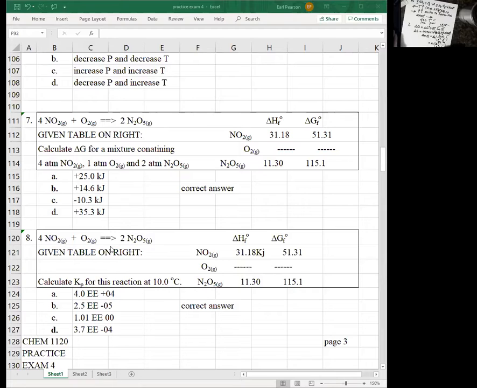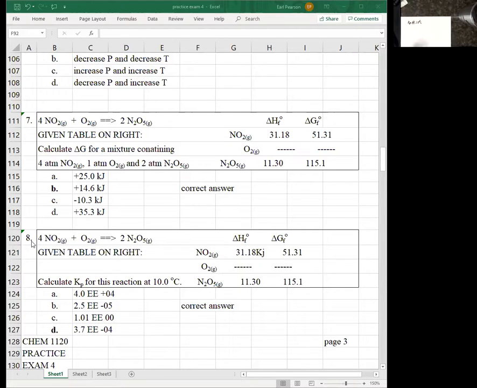Now, looking at our next problem, we want to get the Kp for that, or the equilibrium constant for that reaction at 10 degrees. So I want the Kp at 10 degrees Celsius for the reaction.